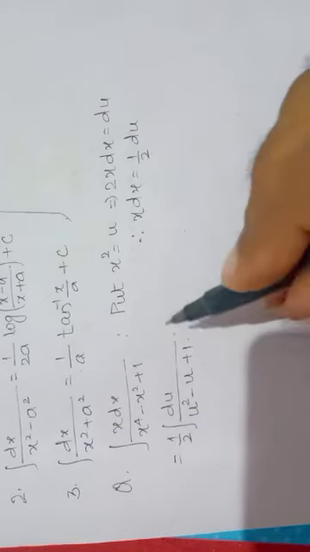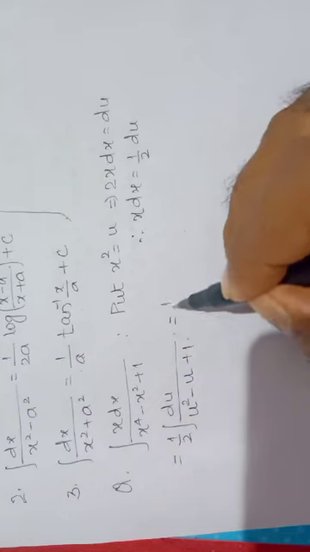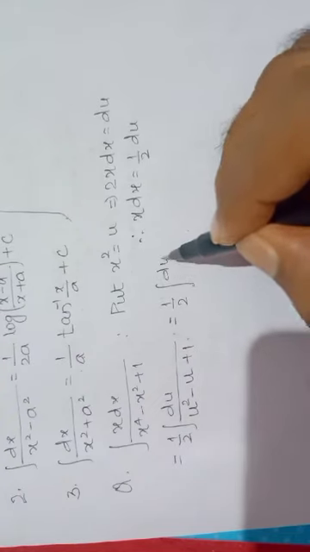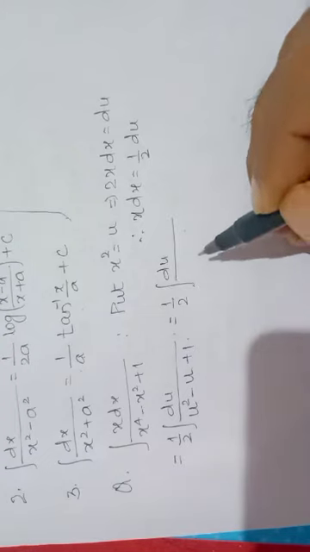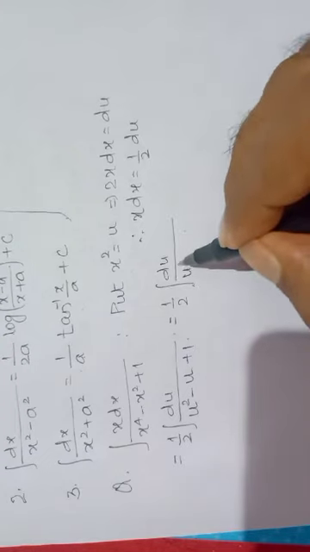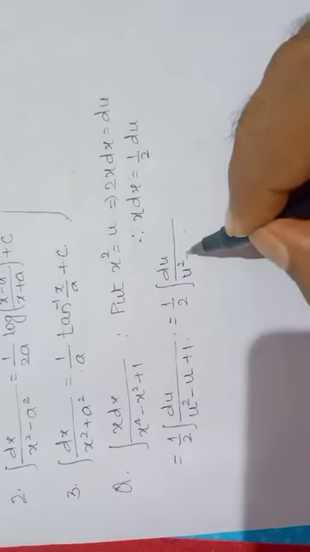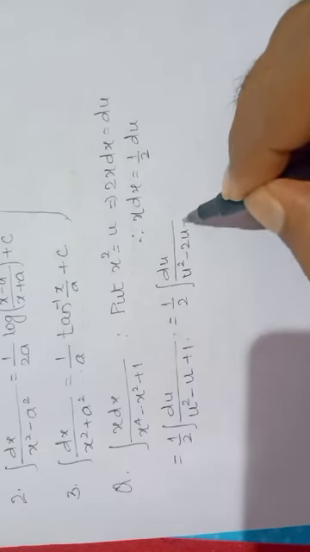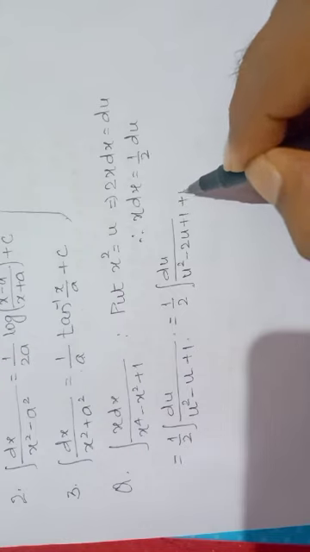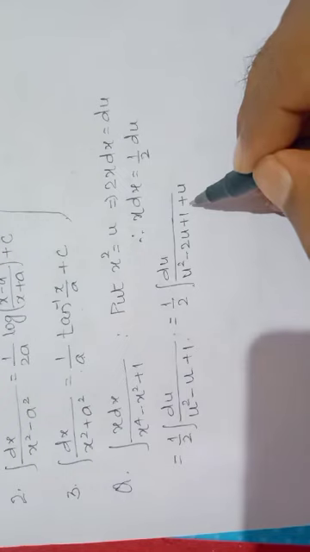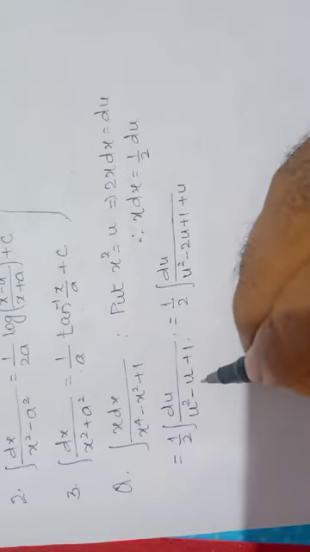Simplify this one. This should be further written as du upon u square minus 2u. Write it as minus 2u plus 1 plus u, because minus 2u plus u means minus u, which is the same.